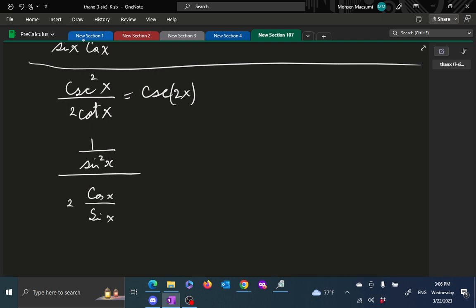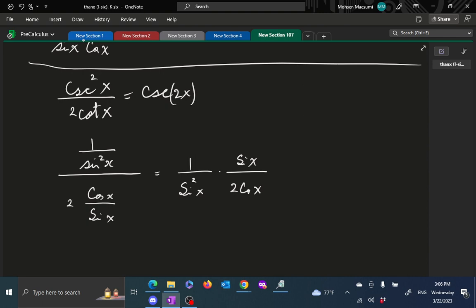I have a factor of 2 here as well. So how do you divide a fraction by a fraction? We are doing algebra here. This is going to be sine of x and then 2 cosine of x.